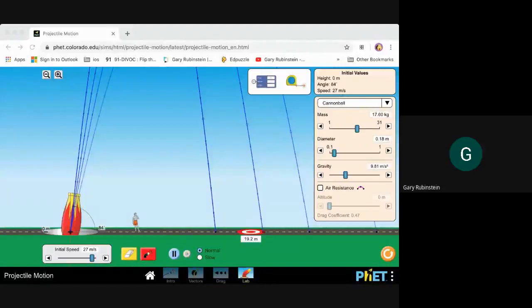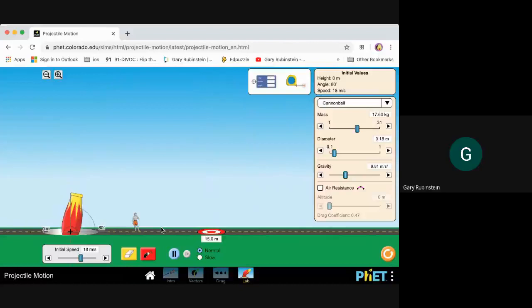Now this thing's in meters, but 6.6 feet is 2 meters, and 52.5 feet is the same thing as 16 meters, so that's 16 meters per second.